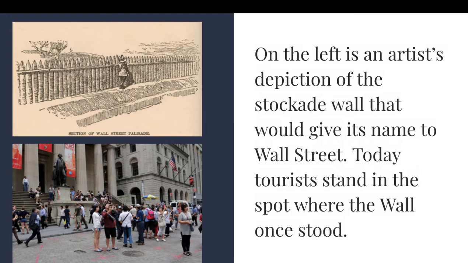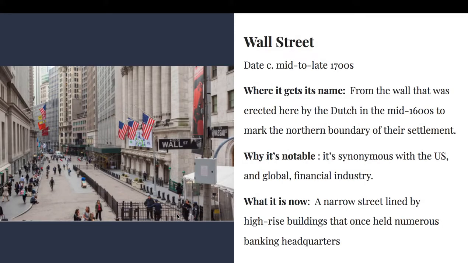Today, tourists stand in the spot where the actual wall stood right here. Okay, and here's Wall Street. Now, the street was built mid to late 1700s, and now we know where it got its name. That it was erected here by the Dutch in the mid 1600s to mark that northern boundary of their settlement.